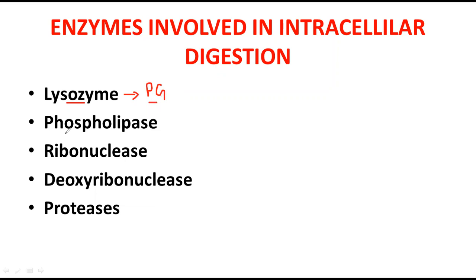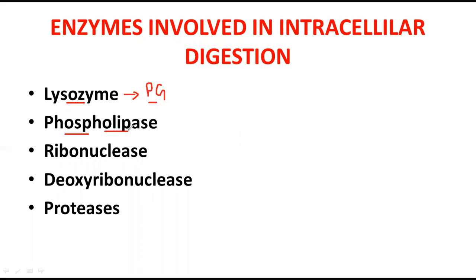The second enzyme is phospholipase. Phospholipase destroys the phospholipids of the microorganism. The cell membrane of microorganisms, and even eukaryotic cells, is composed of phospholipids. This enzyme hydrolyzes the phospholipids and completely destroys their structure.